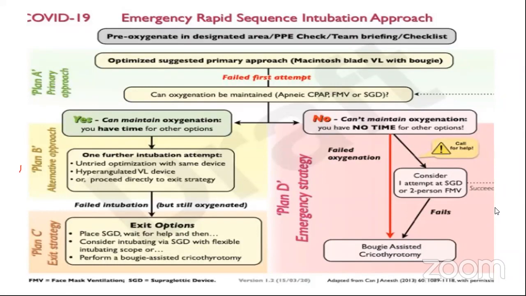However, if you think that this is going to waste time, not going to be successful, and you are in this emergency pathway, then go directly to the exit option, which is the surgical airway or the bougie-assisted cricothyrotomy.